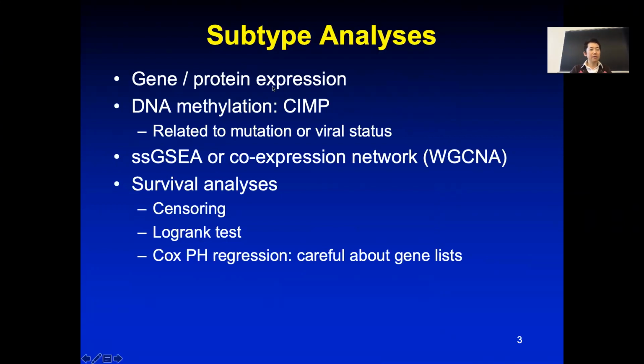And it turns out a lot of these can also be related to the mutation pattern and or viral infection status. And when you have big tumor cohorts, for each sample, you can do single sample gene set enrichment analysis to see whether their expression signatures are enriched in some pathways or gene ontology categories.